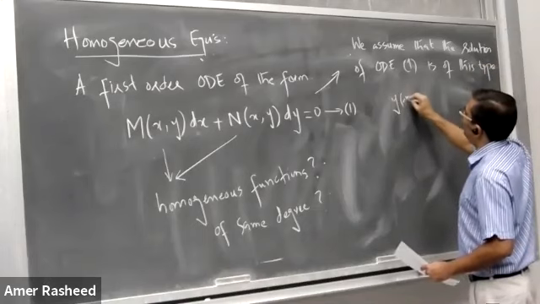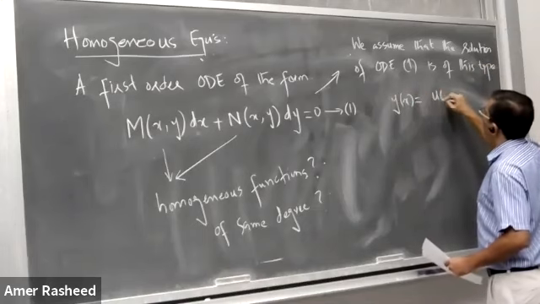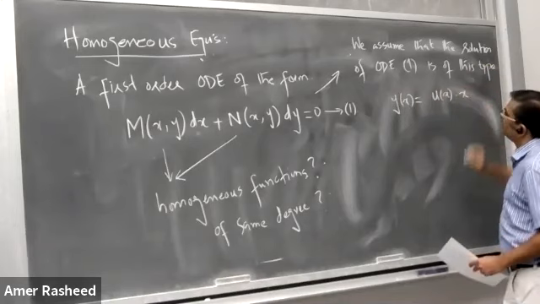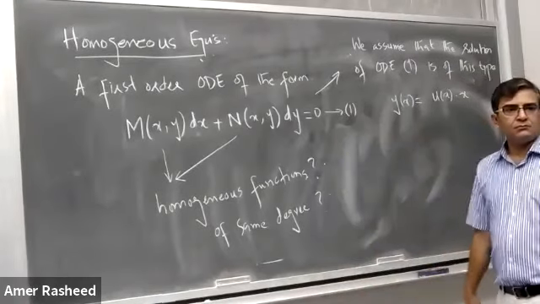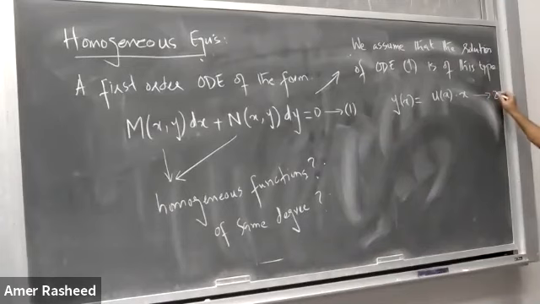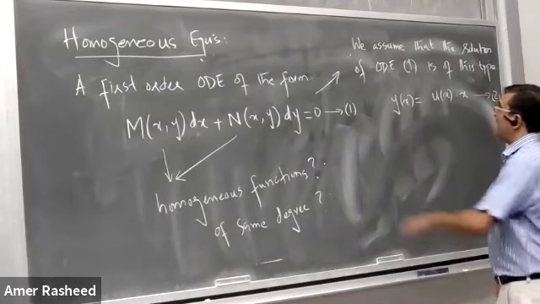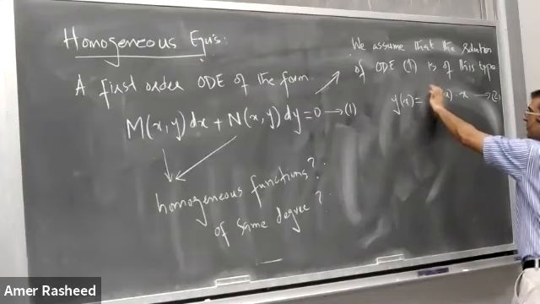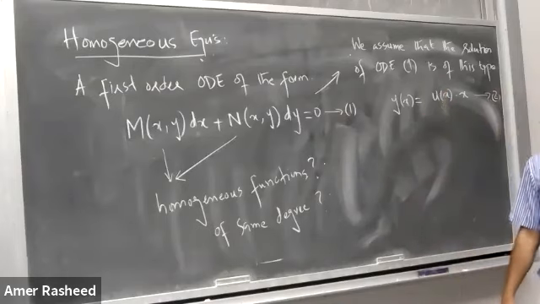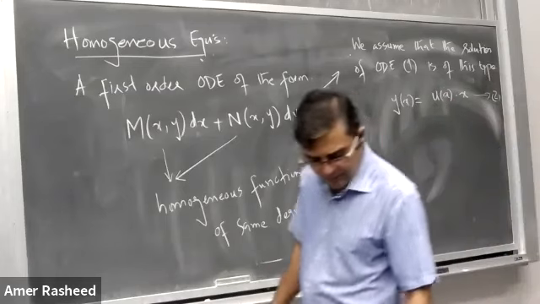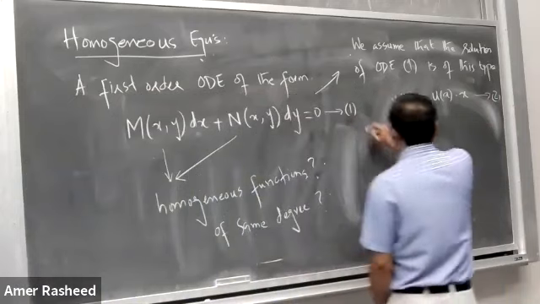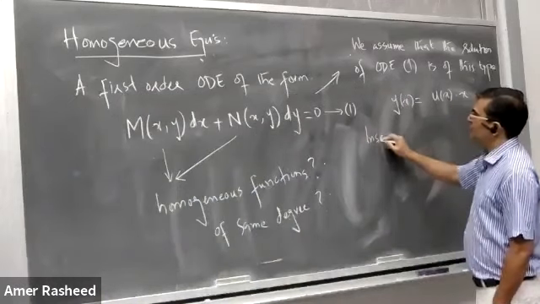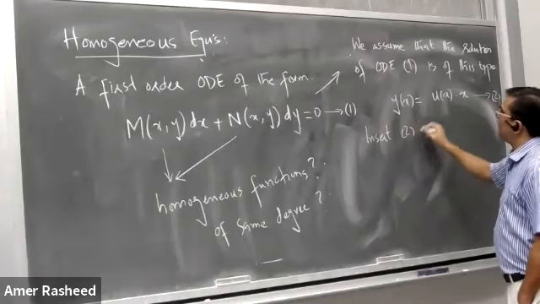y of x is equal to u of x times x, where u of x is some unknown function. Now we assume that the solution is of this type. If this is the solution, then insert or substitute 2 in 1.